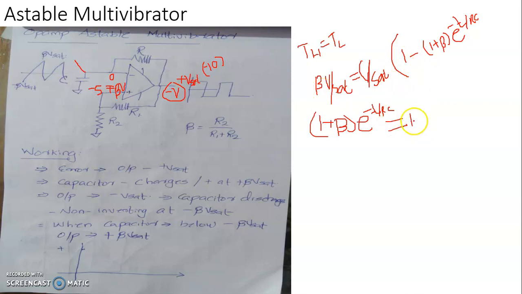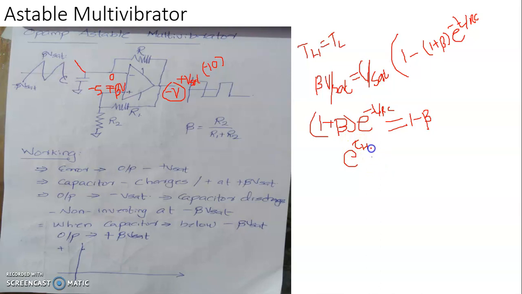Take beta to the right side to make it say 1 minus beta, or 1 plus beta can be taken to the right side. E raised to minus t by RC then becomes 1 minus beta by 1 plus beta. You take the reciprocal on both sides, then this becomes e raised to t by RC, where t is equal to TH equal to TL. So either you can put TH here or TL here or t here.